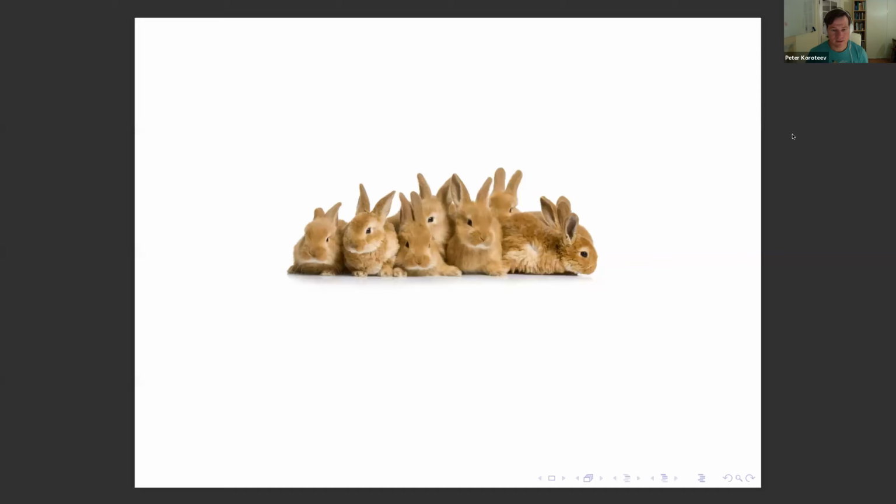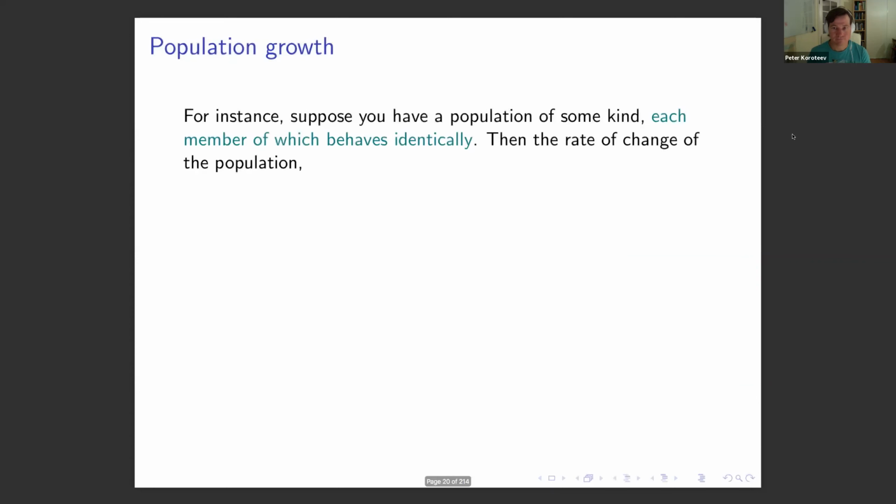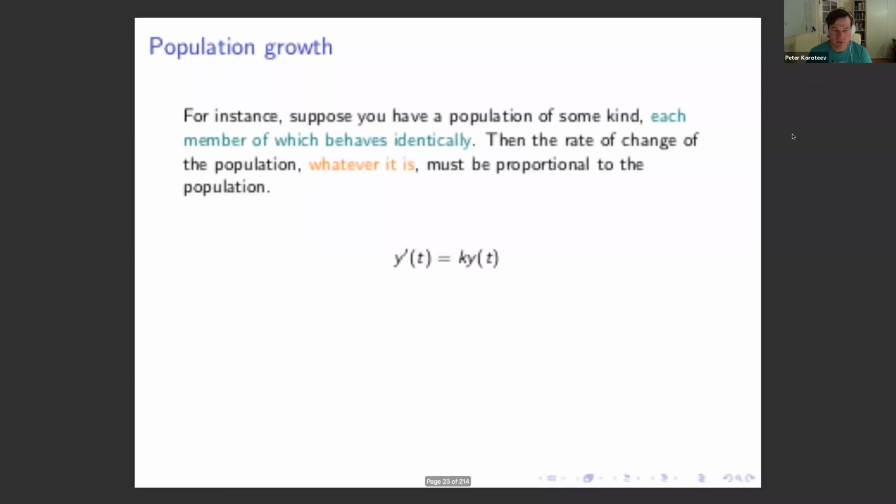Well, let's talk about population as a first example. Suppose you have a population of some kind, and each member of this population behaves identically for simplicity. Then we can discuss the rate of change of the population, whatever it is, say rabbits or bacteria in a petri dish. Now, the rate must be proportional to the population itself.